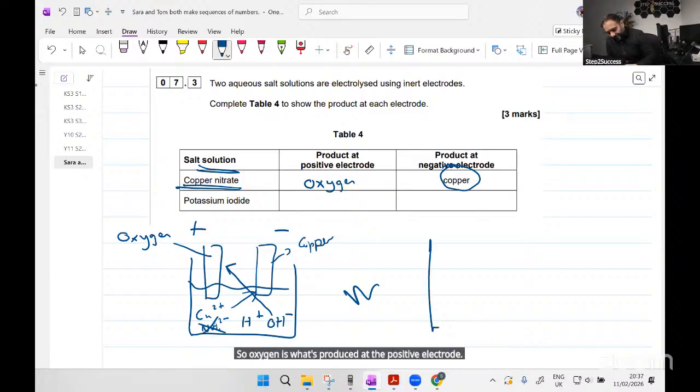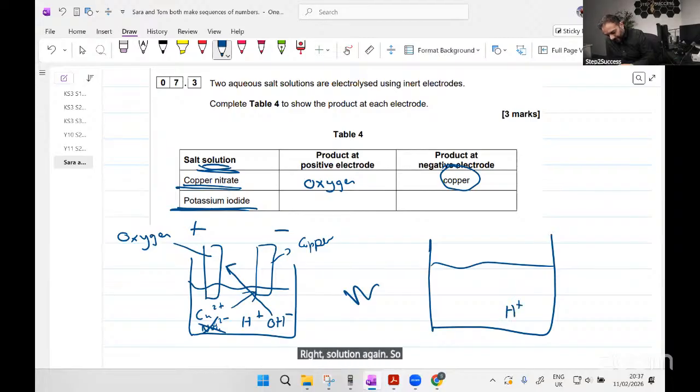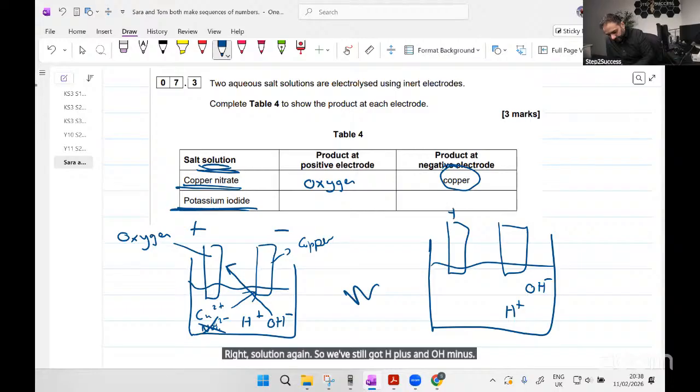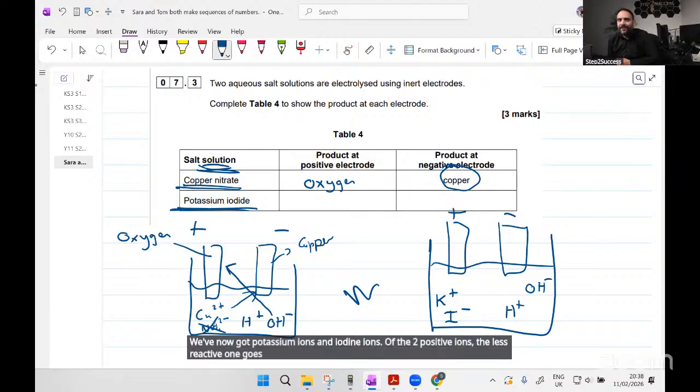Right. If we did the same thing with potassium iodide, solution again, so we've still got H plus and OH minus. We've now got potassium ions and iodide ions. Of the 2 positive ions, the less reactive one goes to the negative electrode.